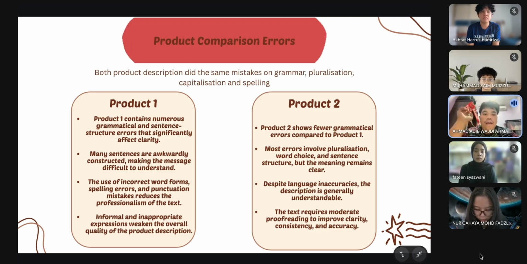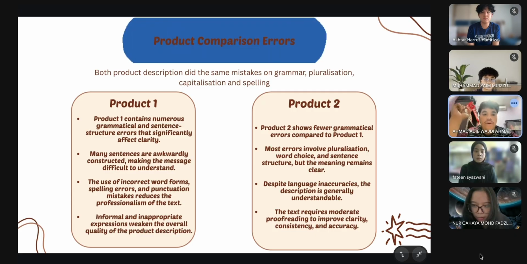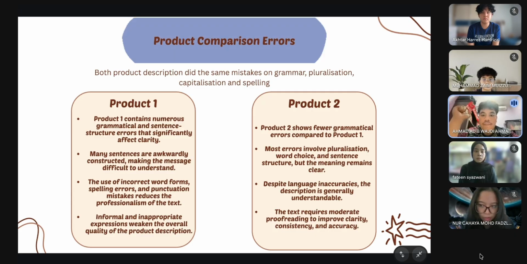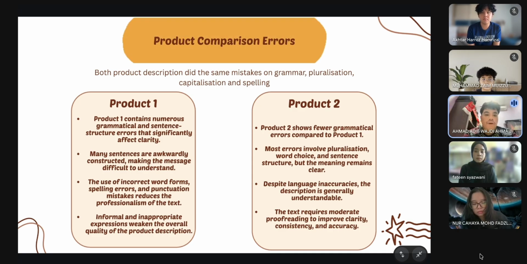Okay, and now I will be explaining the product comparison errors. Both product descriptions did the same mistakes on grammar, pluralization, capitalization, and spelling. Product one contains numerous grammatical and sentence structure errors that significantly affect clarity.